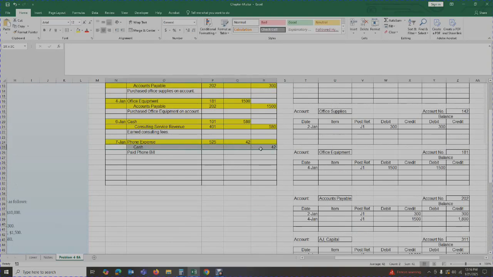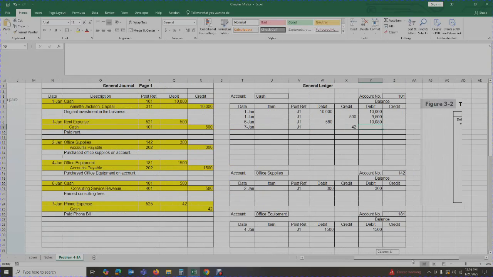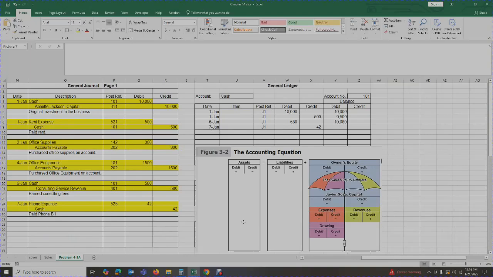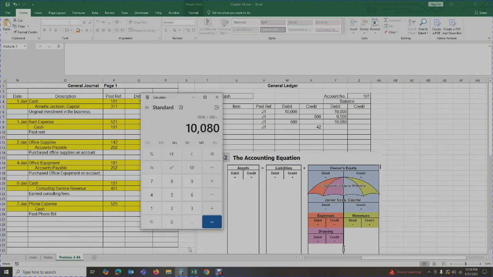The last entry that I'm going to be recording is the entry to cash. So we're going to go to the cash account and look at January the 7th, journal 1. And we have cash with a credit of $42. So we have to remember, cash is an asset account. So if you have a credit, you need to subtract that number from your prior ending balance.